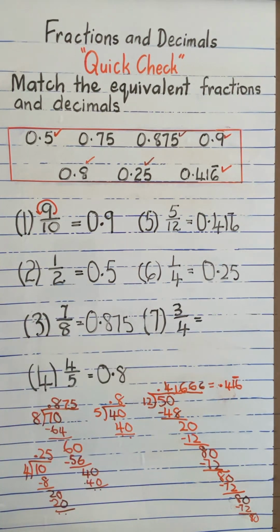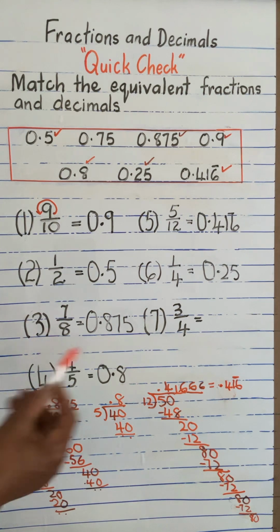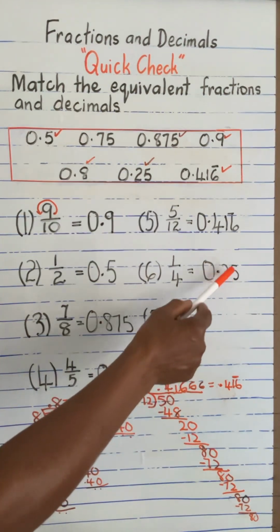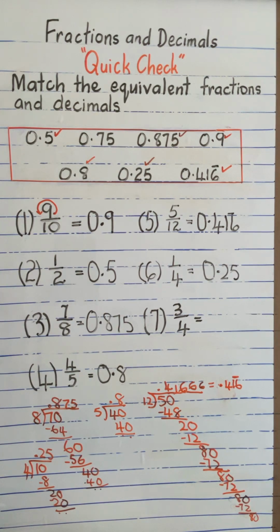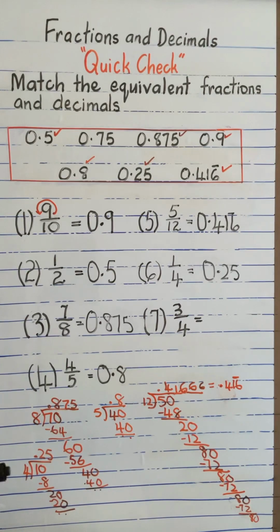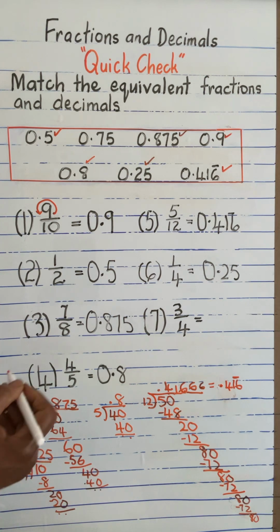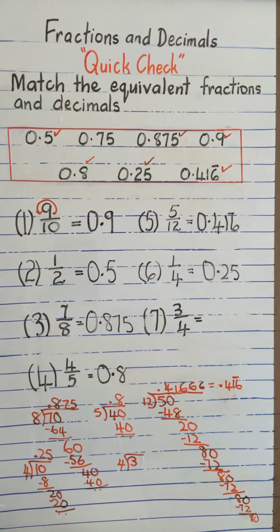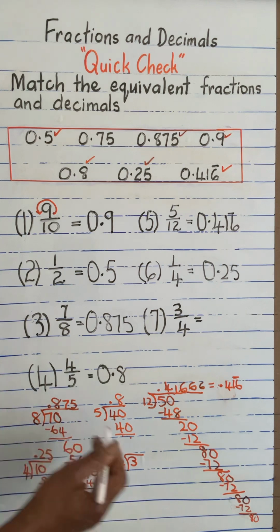And next we have 3/4, which would be 3 times 25, which is 75. That would be 3 divided by 4. How many times can 4 go into 3?